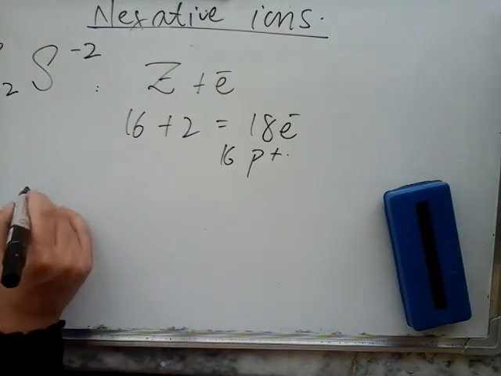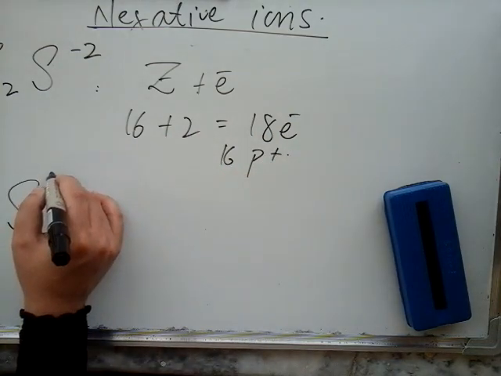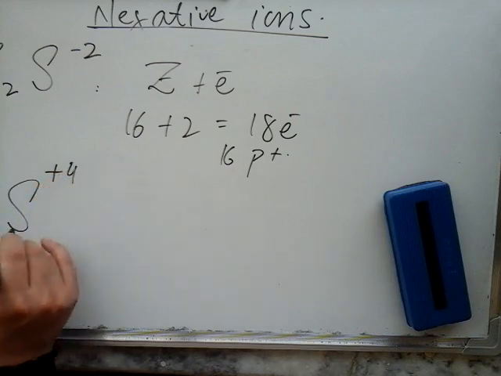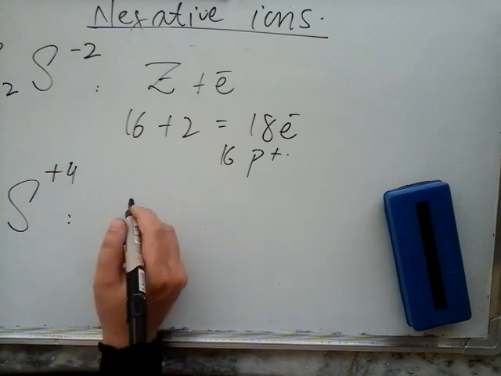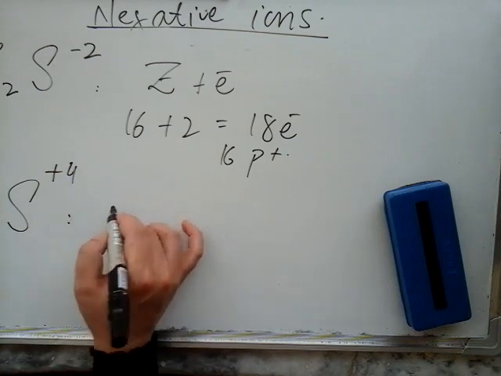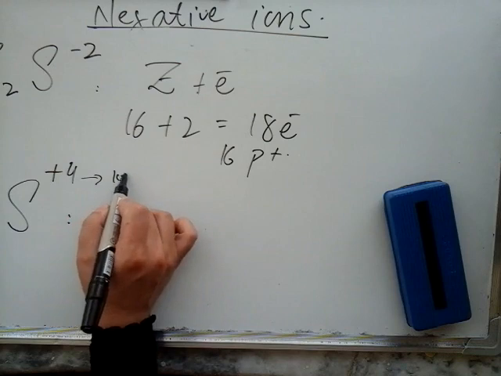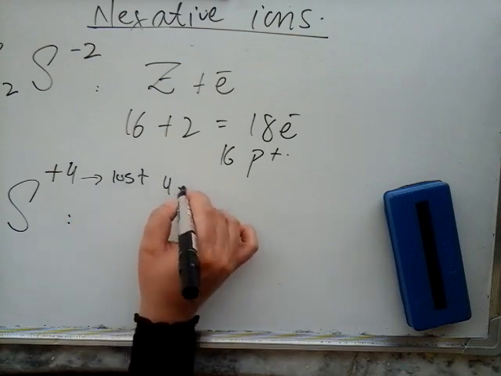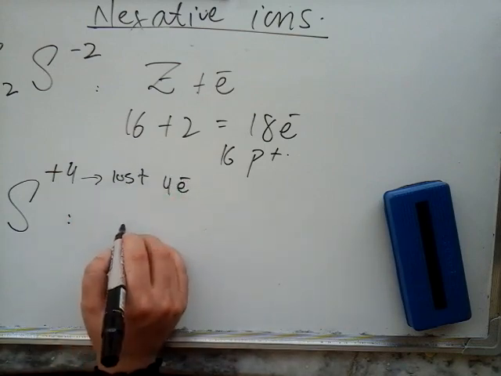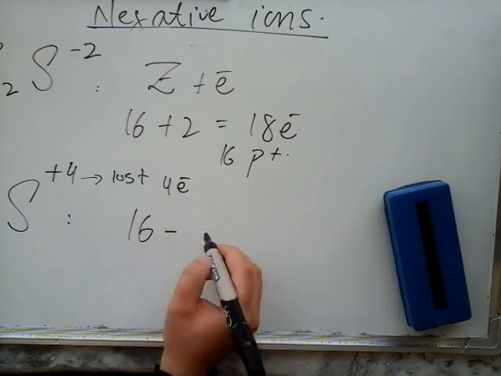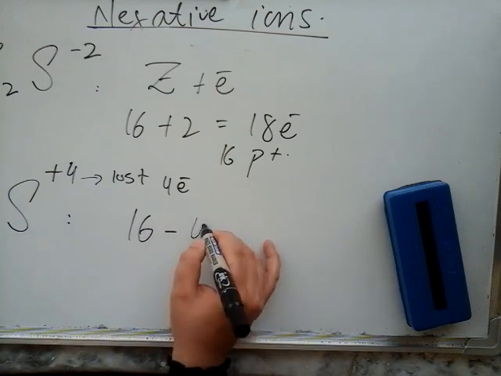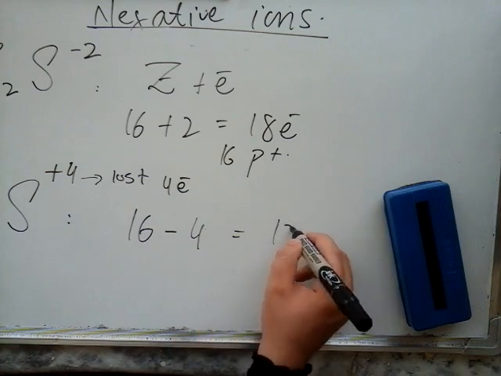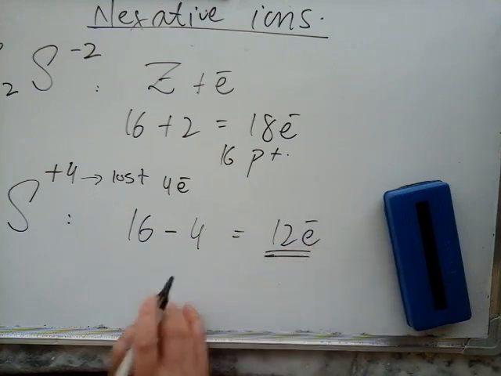For example, if the charge of sulfur is plus 4, what does it mean? It means that it has lost 4 electrons. So we will deduct 4 electrons from its atomic number, and it will become 12 electrons.